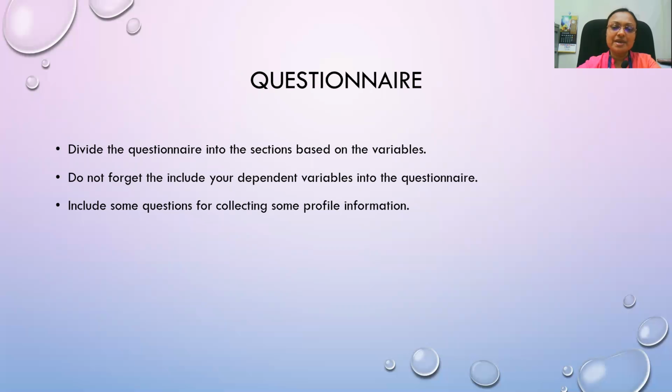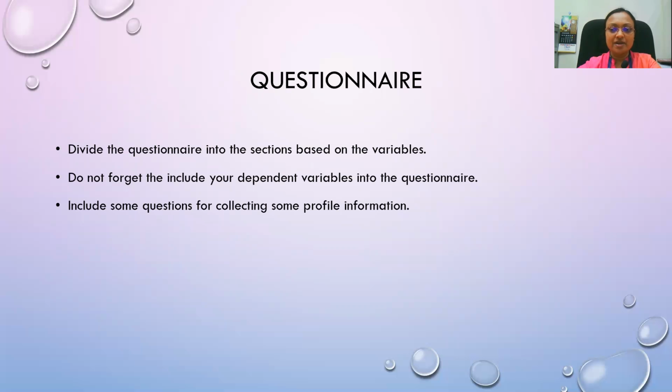So this is the basic guidance on preparing your questionnaire. Here I addressed some common mistakes that most people are making. What I can tell you finally is, you need to build your questionnaire dividing separate parts for each and every variable.